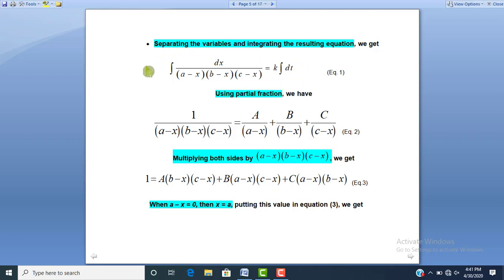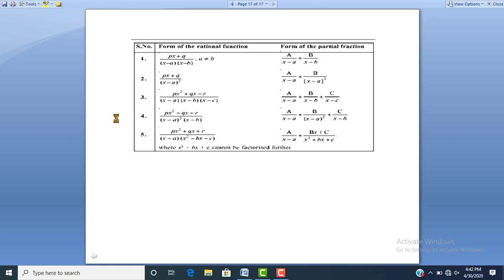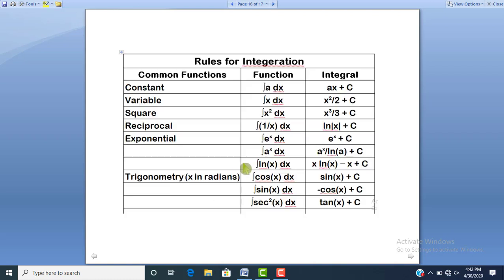Dear students, most of the students of this class have studied zoology and botany in their lower classes, so they have no idea how to integrate an equation. So for the purpose of simplicity, at the end of the lecture, I have written some rules of integration. If we have a constant, then the integral of a dx will be ax plus c.